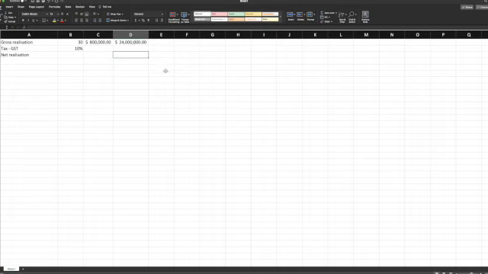So what we actually do here is we've put a formula in, which is this number, the 24 million, and we divide it by, I'm going to put a bracket in here, 1 plus the percentage, which is 110%. So we hit the enter button, and that gives us the net realisation number.